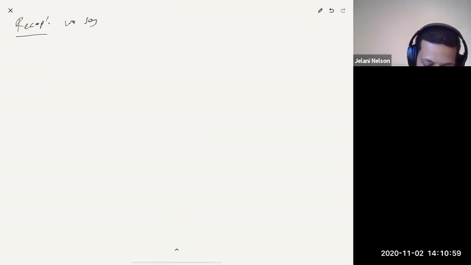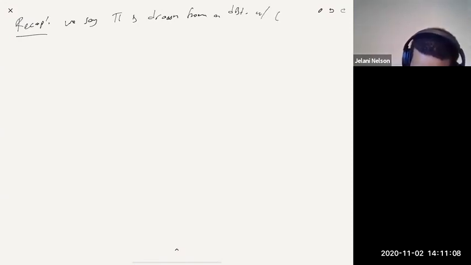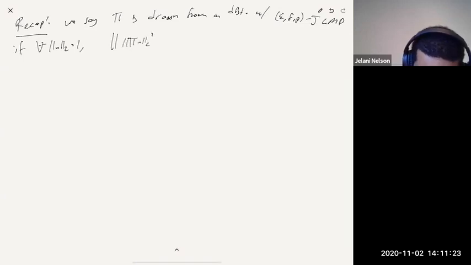We say pi is drawn from a distribution with the epsilon delta p JL moment property if for all vectors u of unit norm, the Lp norm of the L2 norm squared of pi u minus 1 is at most epsilon times delta to the 1 over p. Remember, the Lp norm means the expectation of that thing to the p, to the 1 over p.